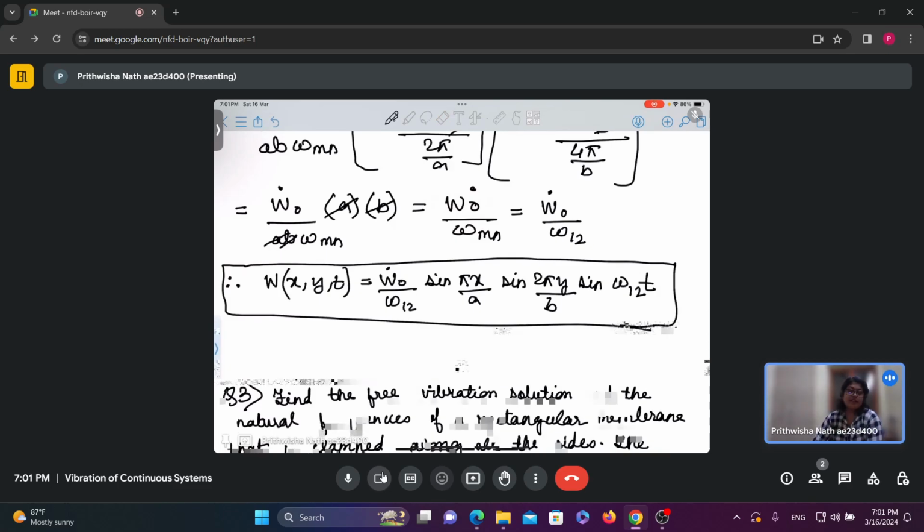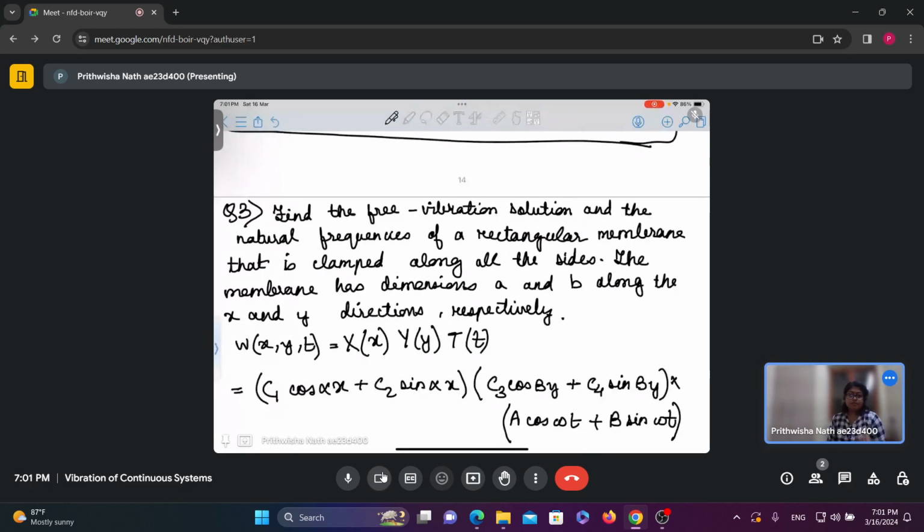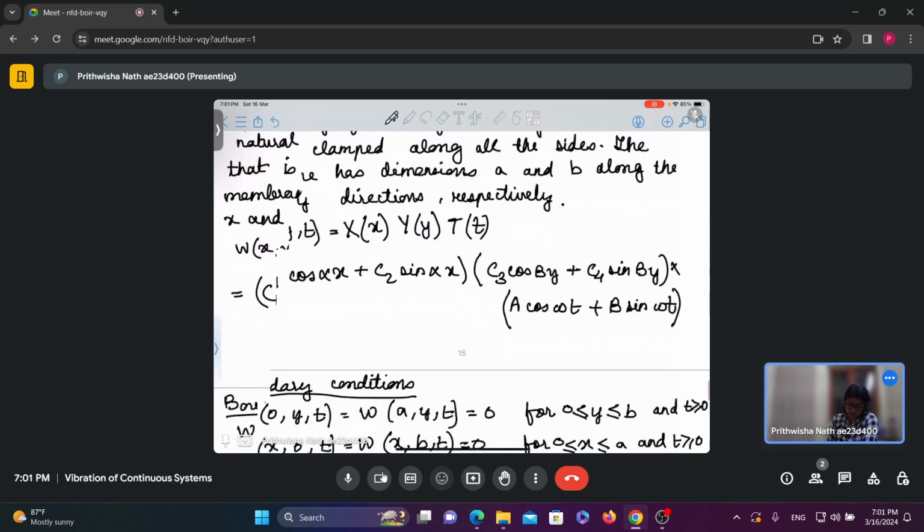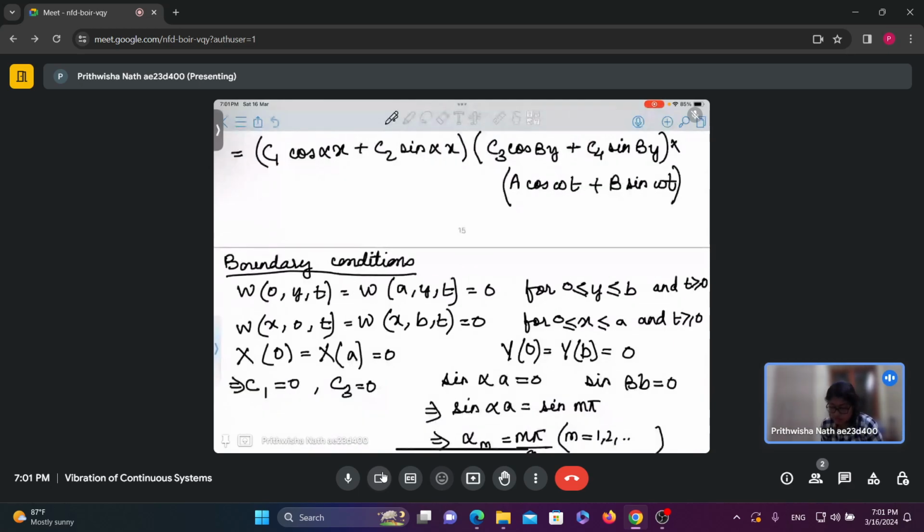For the third question, what did we do? We had to find out the free vibration solution and natural frequencies for a rectangular membrane that is clamped along all the sides. And the membrane has dimensions A and B along x and y directions respectively. So I write W as this. Now these are the boundary conditions for this problem.